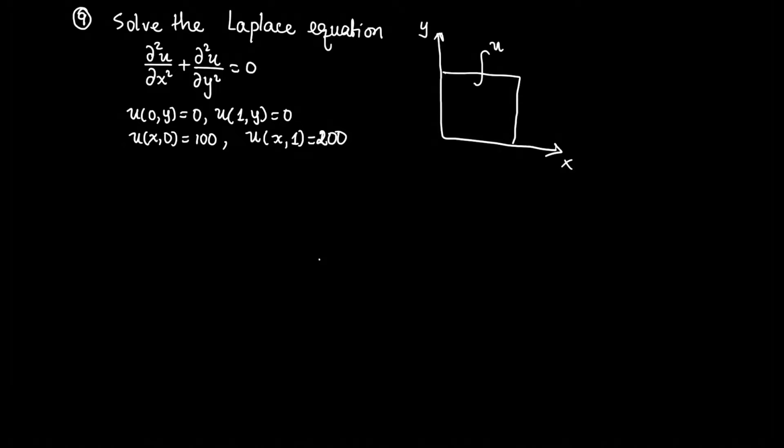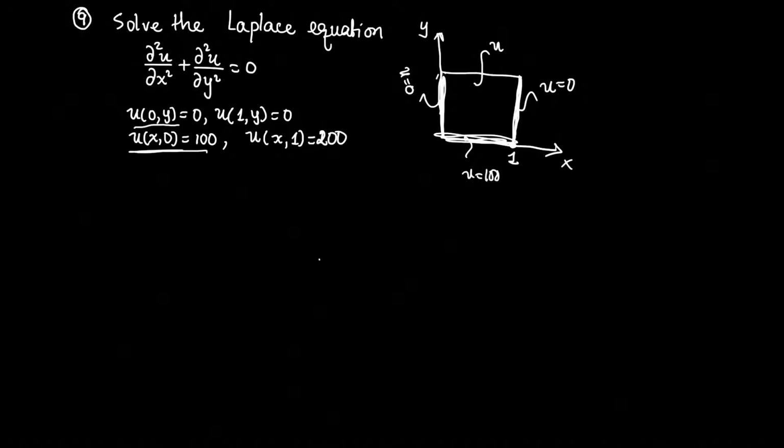When X is 0 and Y is any number, you have 0 temperature, U equal to 0, which is this one. And when X equal to 1, for any Y, here you have U equal to 0 also. And for any X when Y equal to 0, you have U equal to 100, the temperature.